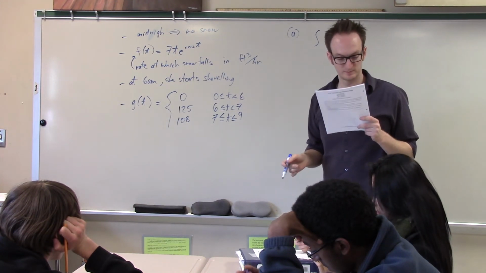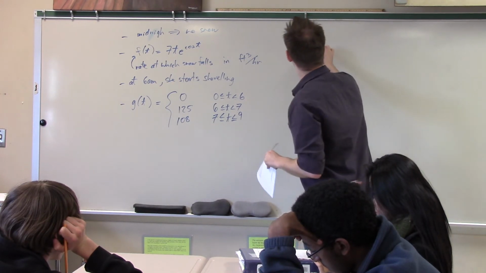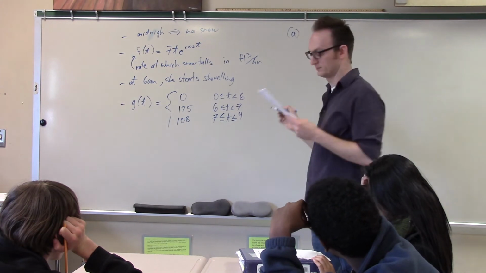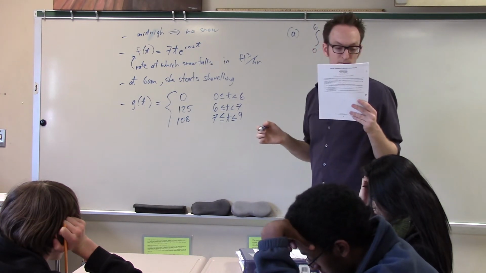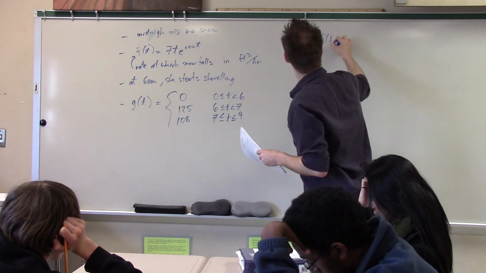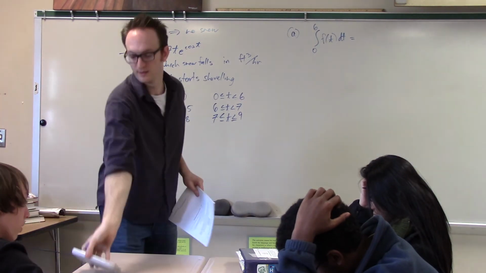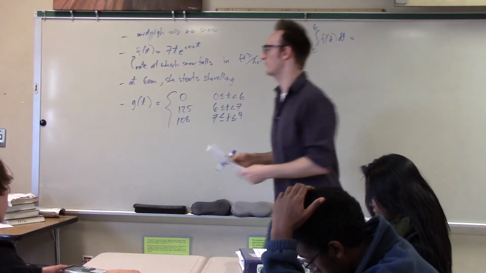Are you reading the question? Oh, by 6. Oh, 0 to 6. Yes. 0 to 6 of 7 times t, of this function f. Done. Can you enter that function into y1?